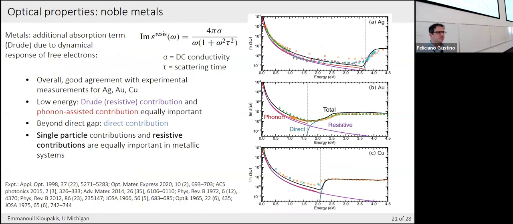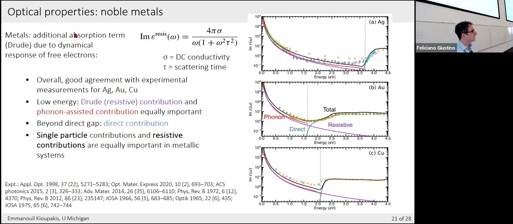However, there's another class of materials where phonons matter, and that is materials with free carriers. So let's start first with metals. Because when you have free carriers, there is one more term in the absorption. Materials can absorb light by having electrons go from a valence to a conduction band, as we discussed before, but they can also absorb light when the electrons oscillate and lose their energy to resistance, to phonons.